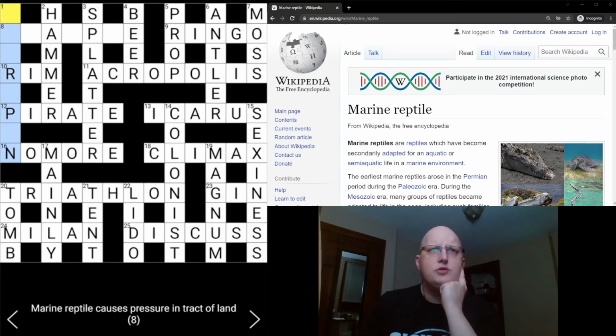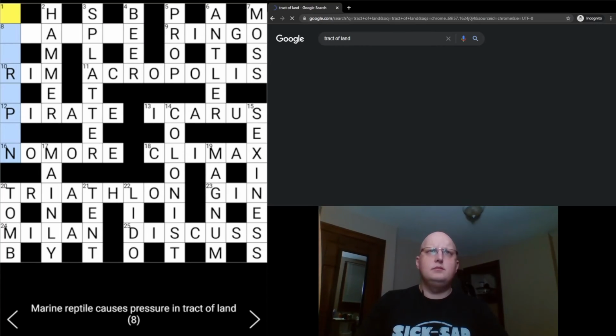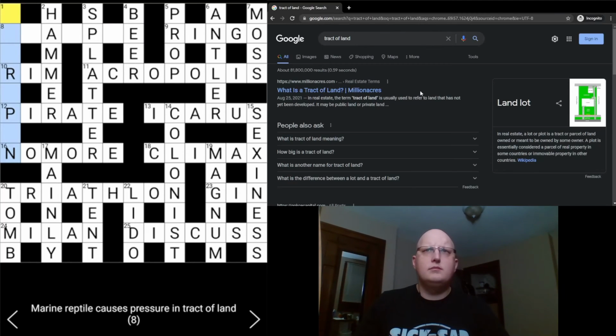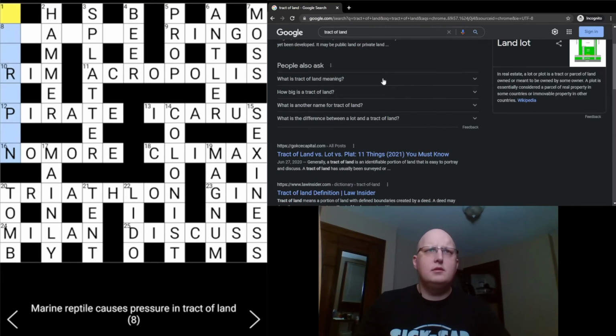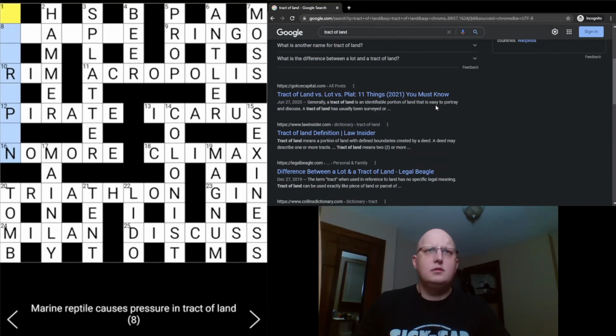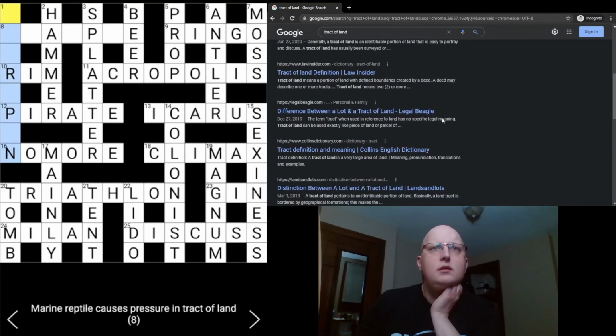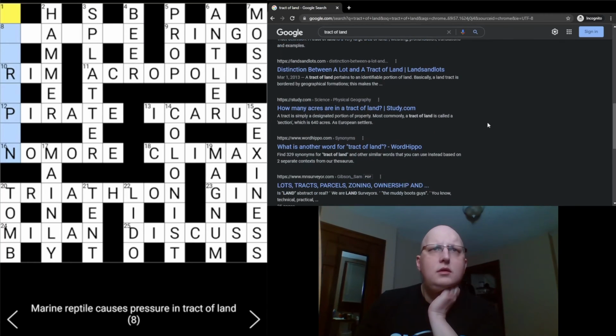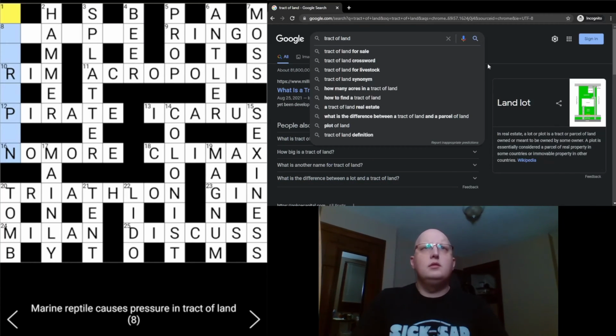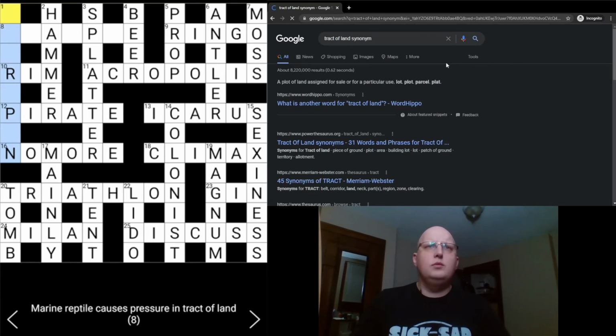Causes pressure in tract of land. Well, let's look up tract of land. Land lot. Plat. That doesn't make sense. I feel like I'm gonna feel so dumb once I figure this one out.